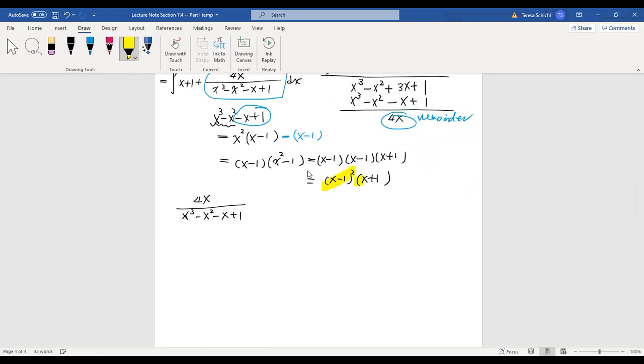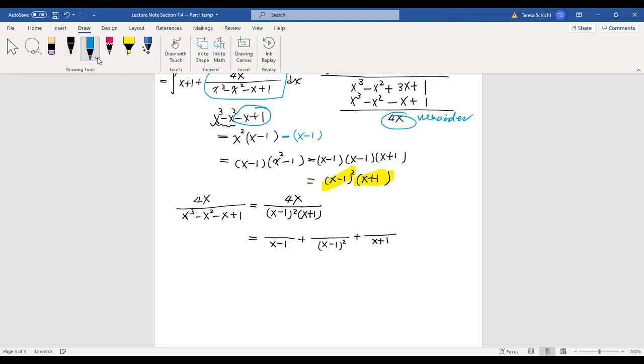Remember, if this is a repeated power, we can break it like this: x minus 1, and the next one is x minus 1 to the square, then plus x plus 1.